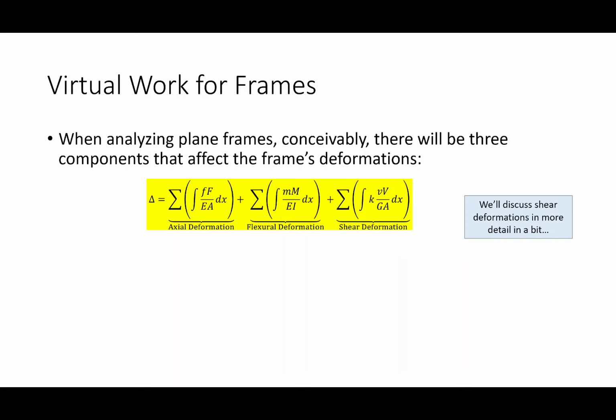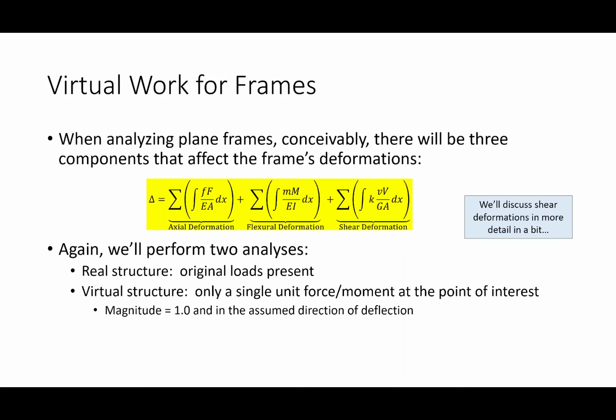Now, for our discussion and for what I am making you responsible for in CE 312, I'm not going to make you responsible for shear deformations. We're going to talk about them here in a little bit, but I'm not going to make you do that. But I do want to talk about frames, that frames do see both axial loads and flexure.